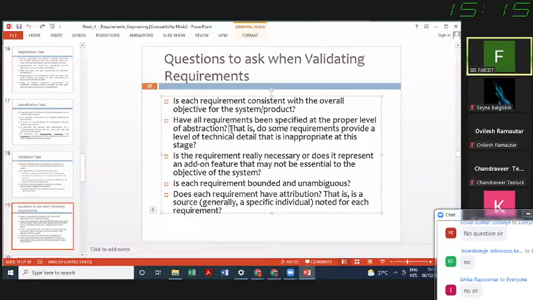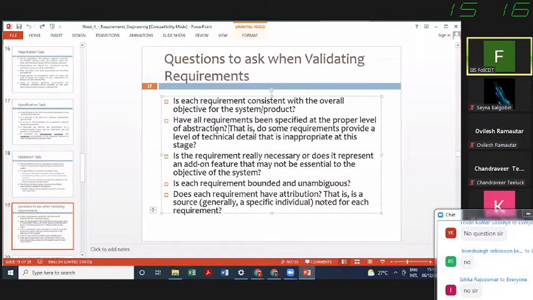For example, I'm not interested in knowing how many centiliters of petrol is injected in the engine at what rate and so on. A mechanical engineer perhaps would be interested in this level of abstraction, because this person would need to know how the engine functions, what things are happening inside the engine in terms of injection and so on.